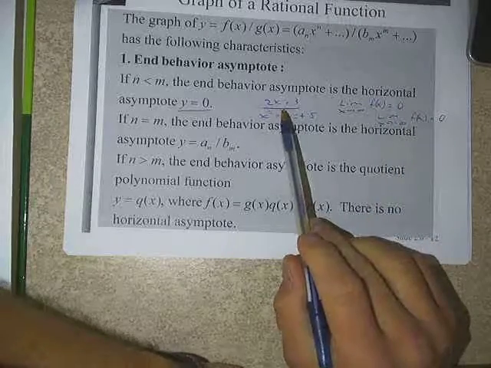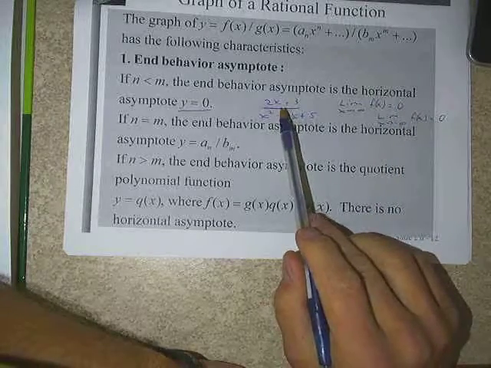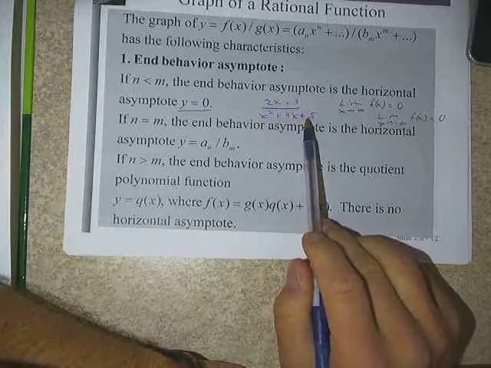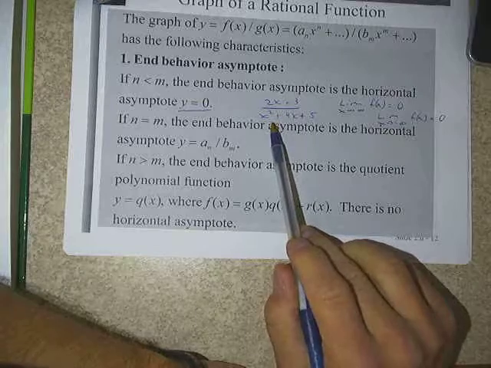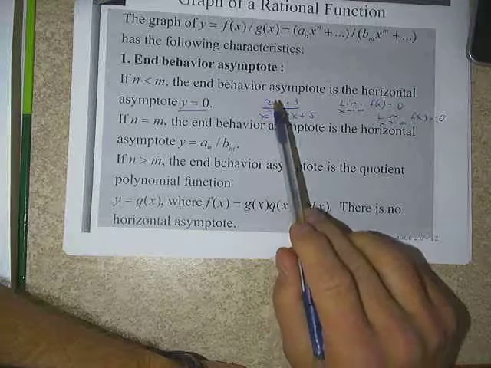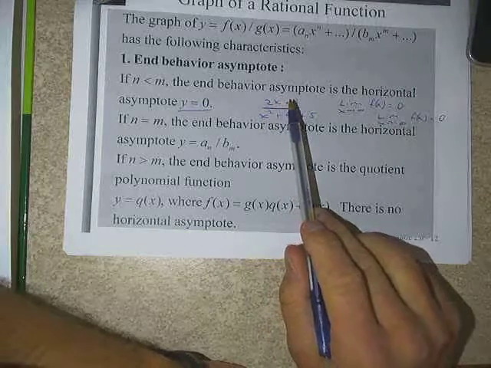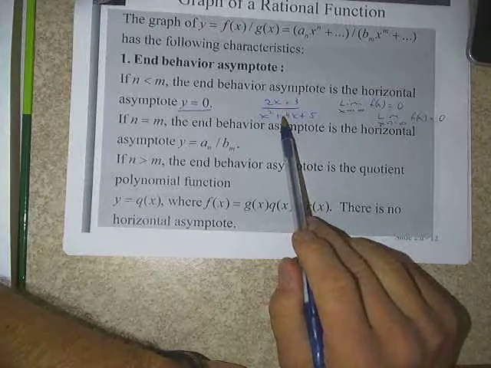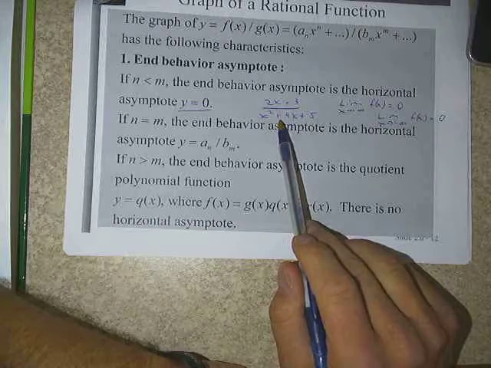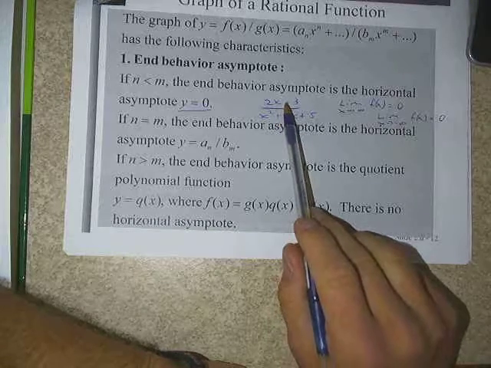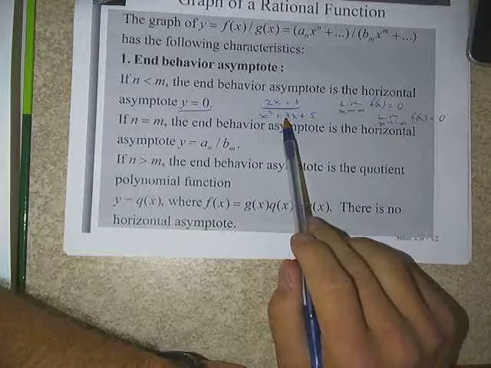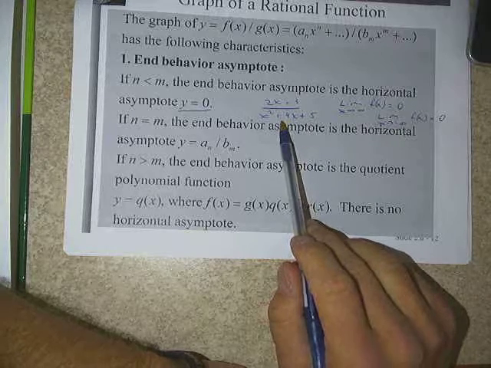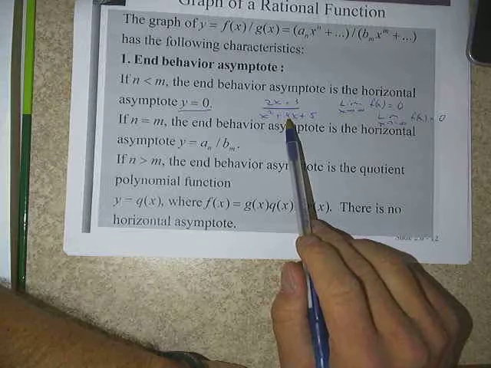And just as a preview, the reason why this is the case is because if you look at this linear function on top and the quadratic function on the bottom, in terms of growth rates, the quadratic function is going to grow a lot faster than the linear function. So if I were to put a number like 5 in there, the number on top might not be that much smaller than the number on bottom, but if I put 5 million in here, this is going to be a pretty big number, but if I put 5 million into this, it's going to be outrageously big.